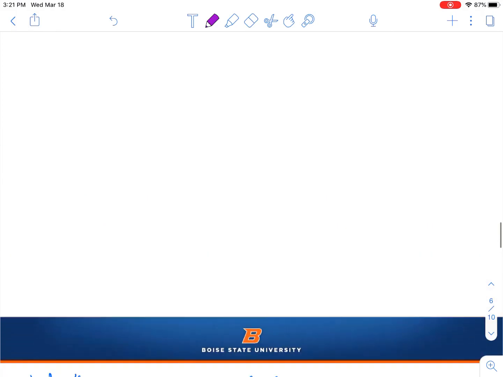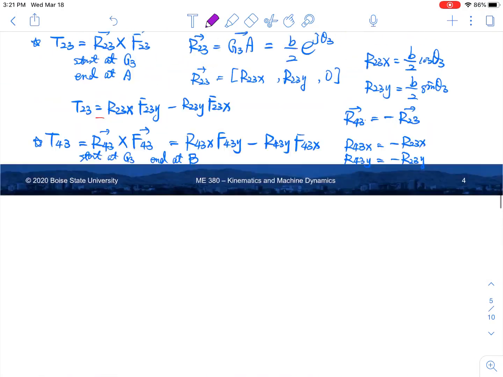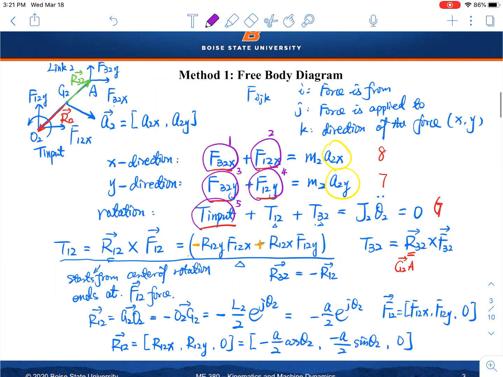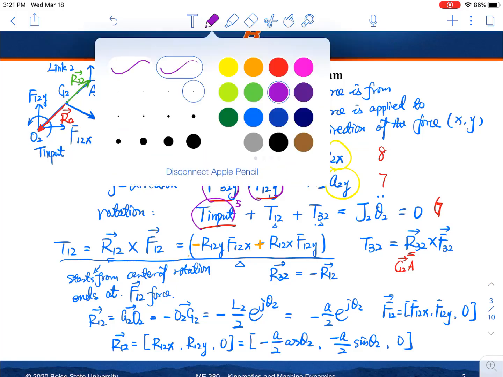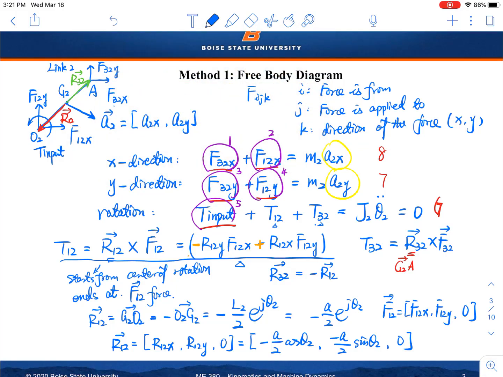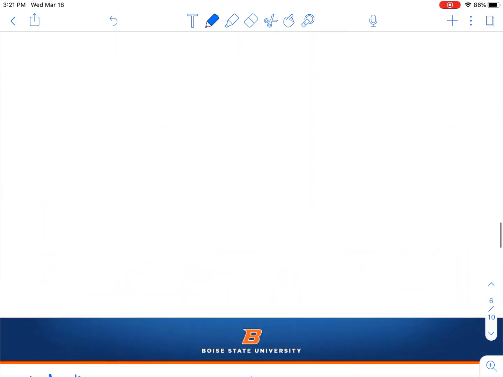Okay, so we have 12 unknowns, but we have 8 equations. So 12 minus 8, that means we still need 4 more equations. Otherwise, this problem cannot be solved.